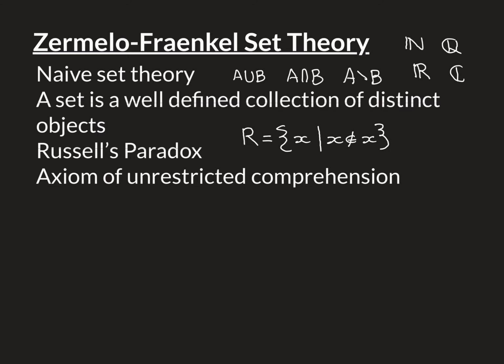You could make these sets according to whatever rule you wanted. That's why it's called unrestricted comprehension. The defining of sets had no restriction on the rules that you could make, or that the elements inside them needed to obey.